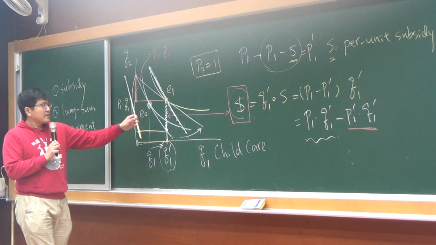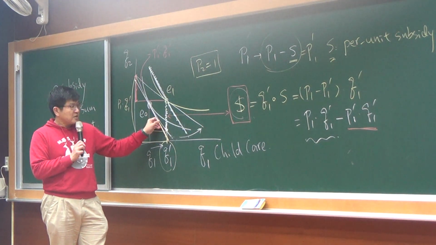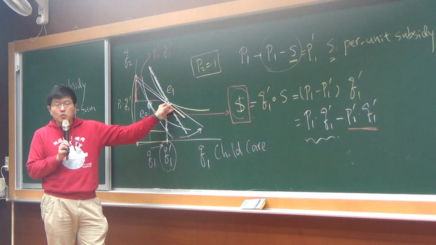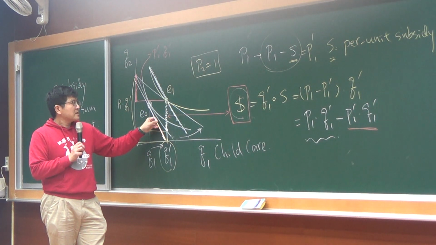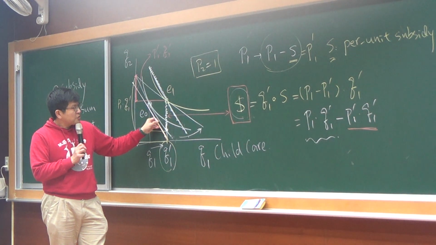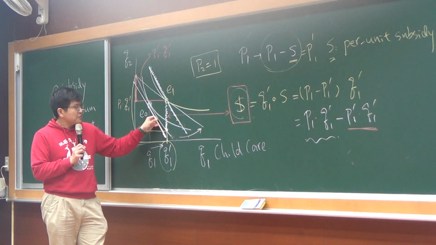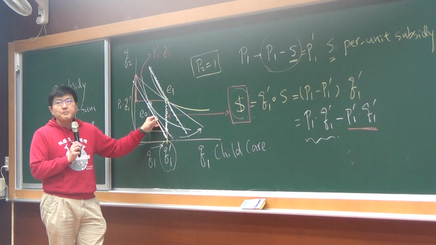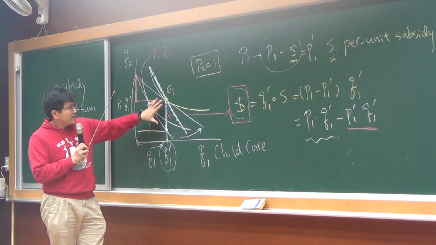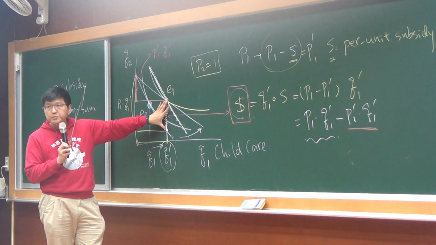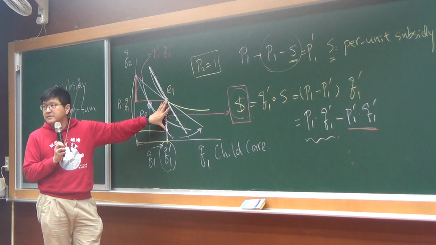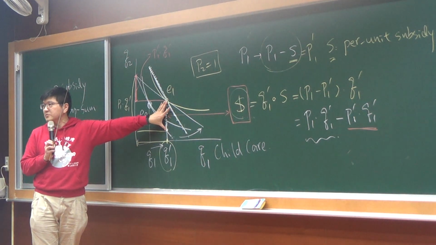So policy one, subsidy, is to rotate the budget line outward. And policy number two, the lump sum payment, will shift the budget line parallelly outward. And this would be the cost to the taxpayer to do these two policies, right?